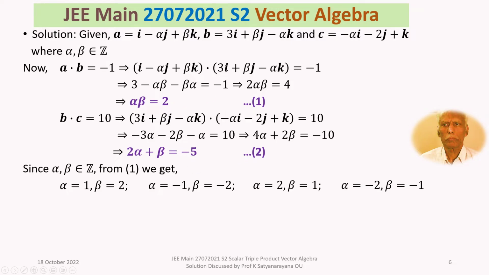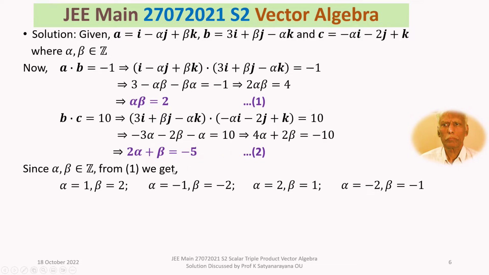Let's look at equation 2 and see which of these combinations satisfy it. If you take alpha is 1, beta is 2, it will be 2 times 1, 2, plus beta 2, that is 4, which is not equal to minus 5. This does not satisfy.